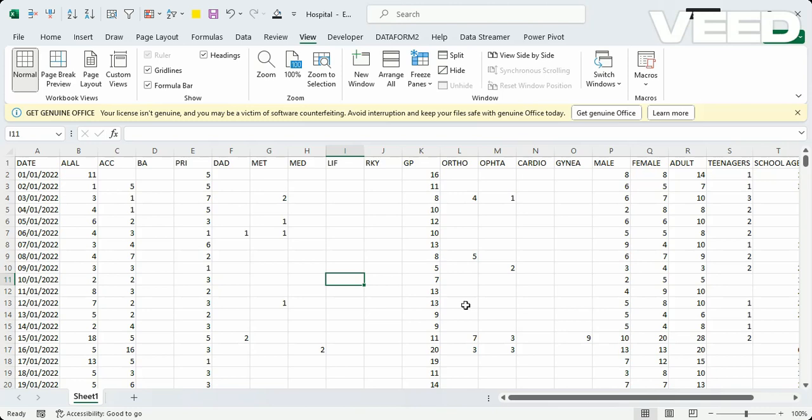So different people will approach data cleaning and transformation in different way at different time, based on what is comfortable and what is convenient for them. But for this particular task, the first thing I want to do is that I don't want to be seeing all these empty cells again.